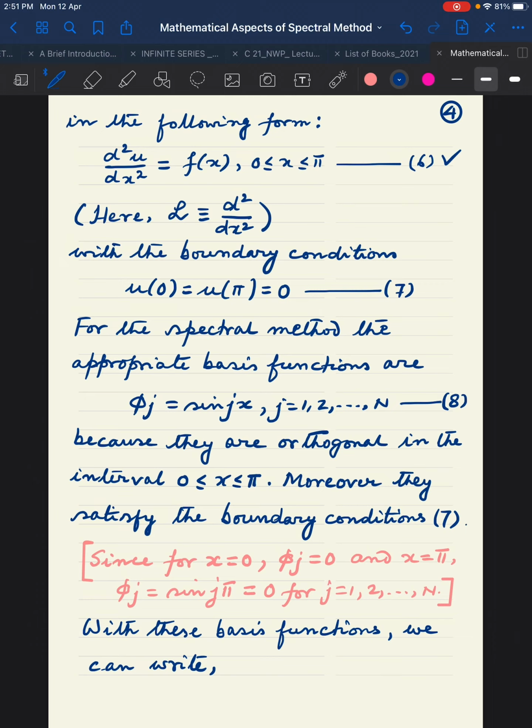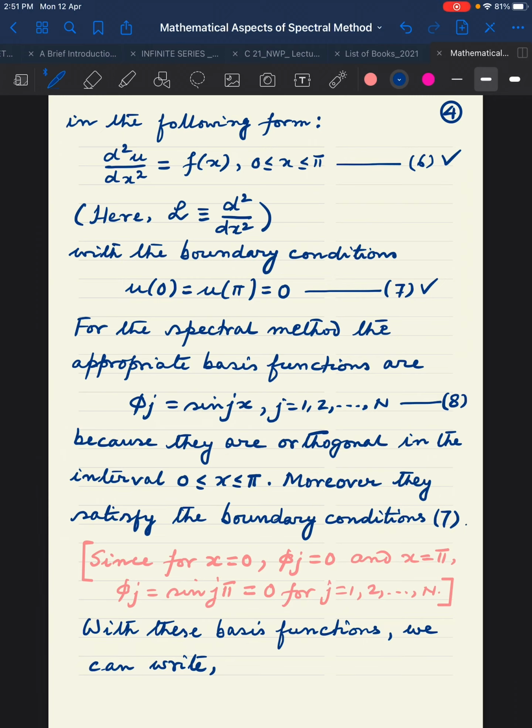So we have to solve the differential equation d2u dx2 equal to fx in the domain 0 less than equal to x less than equal to pi, with the boundary conditions that at x equal to 0, u0 is 0 and at x equal to pi, u pi is 0.